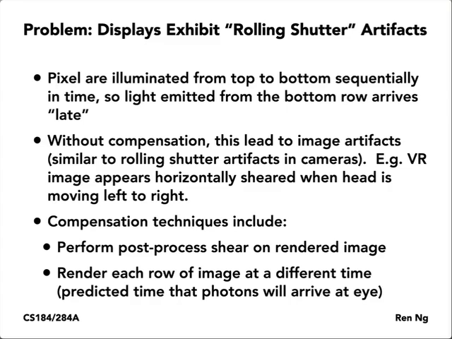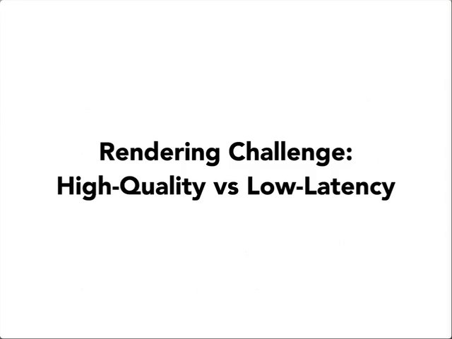That might be really amenable to a ray tracing solution, where you have a 3D world that is undergoing animation as a function of time, and you can trace the rays by tagging the time associated with each ray as a function of the location on the screen as well, so that you render the bottom of the screen into the 3D world that has advanced in time a little bit. So this can sometimes be a good fit depending on the software architecture for ray casting as opposed to rasterization.